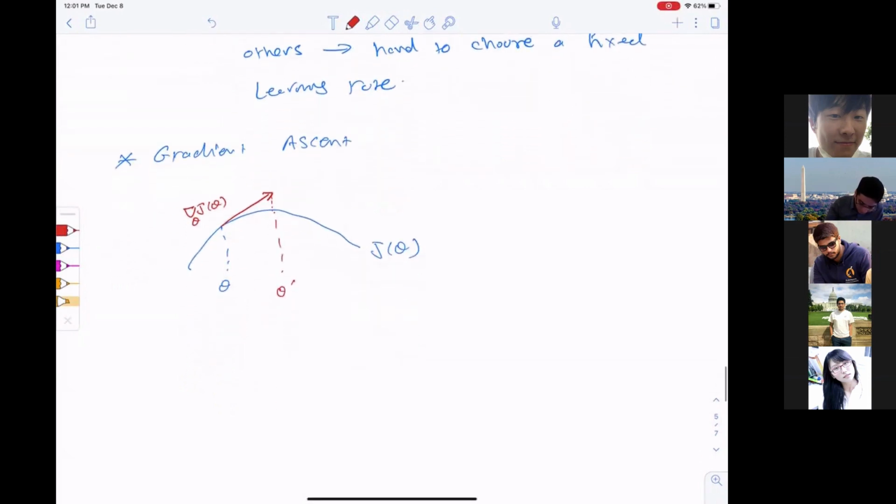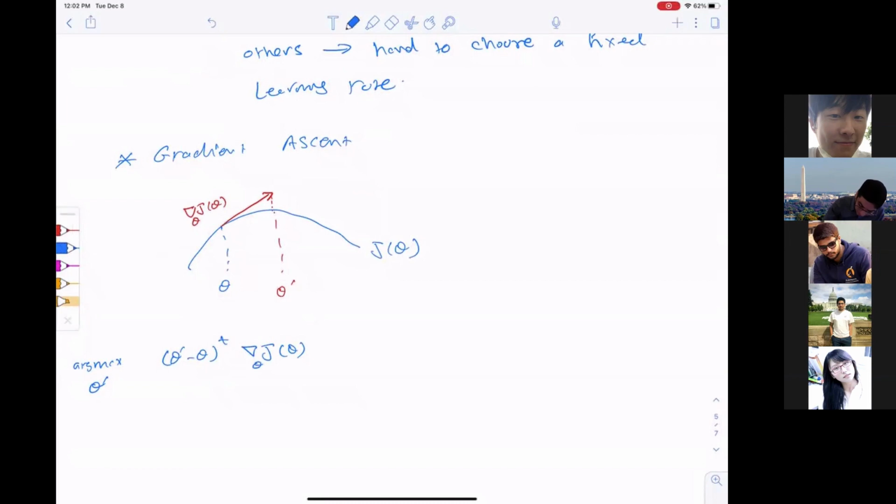So in standard gradient ascent, we are solving the following objective: I want to go in the direction of my gradient. I want to find the theta prime which is in the direction of my gradient. That's why I maximize the inner product.